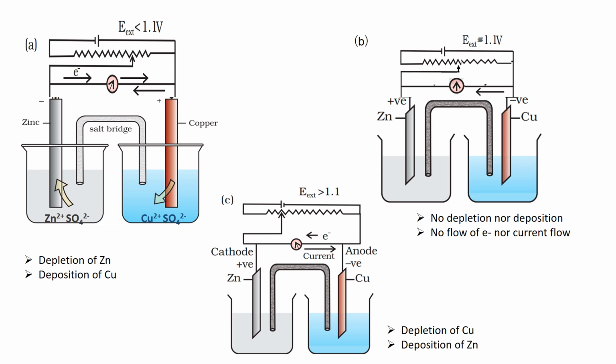Here we will see three conditions when we apply an external potential, which will make a change in the electrochemical cell. In figure A, you can see the external potential is lesser than 1.1 volt. Take an example: if you apply 1 volt, which is lesser than 1.1 volt, it can neither reverse the reaction nor stop the reaction.